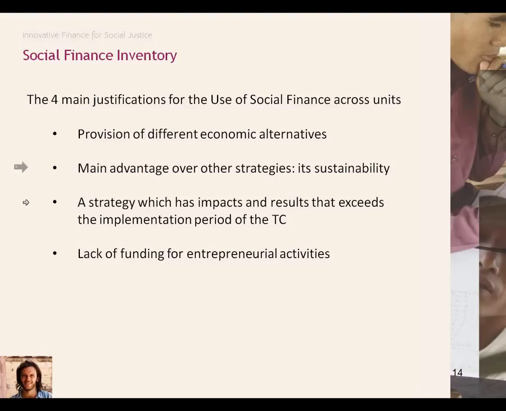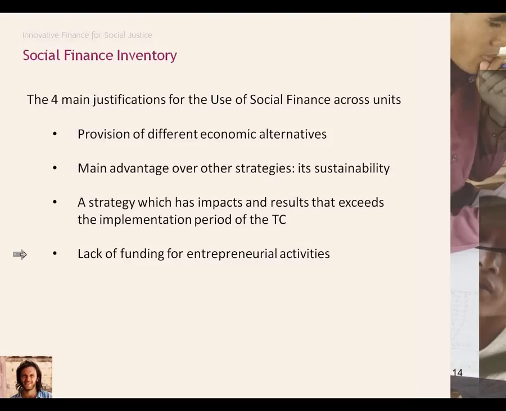It is also highlighted that it is a strategy whose impact and results exceed the implementation period of the technical cooperation. And of course, a more pragmatic one is that there is a big lack of funding for entrepreneurial activities, and social finance can cover this, and it can do it in a sustainable way.